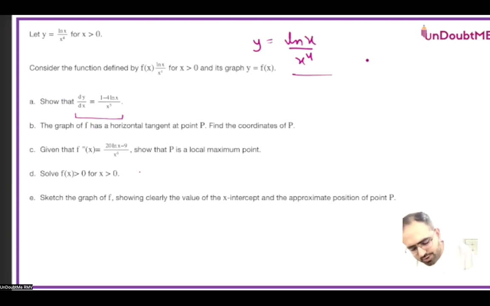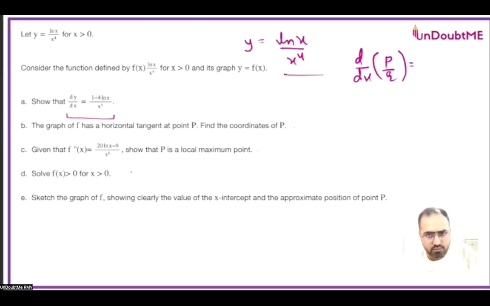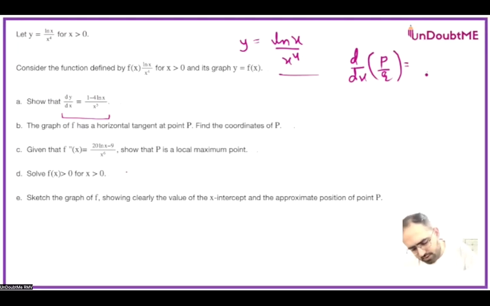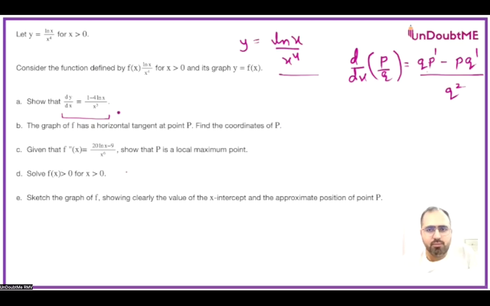The formula for the quotient rule, whenever we want to find dy by dx of a function of the type p by q, where p and q both are functions of x, will be (q times p dash minus p times q dash) over q square. P dash means first derivative. So that's what we have to write and we have to simplify.